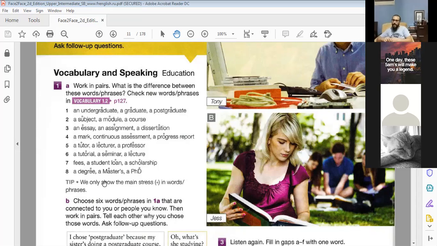Okay, number 7, we have fees, a student loan, and a scholarship. Fees is the expense or the money that students have to pay for their study or accommodation or something. Correct. Student loan is the money that the student asks for, that will help him in his study.